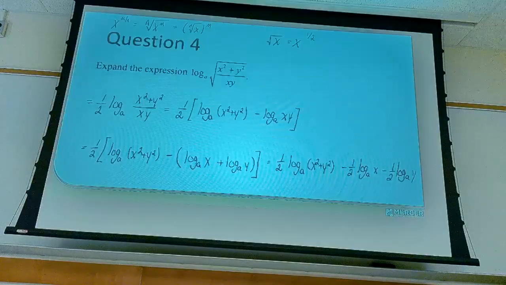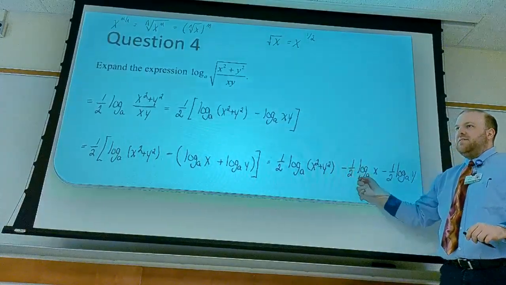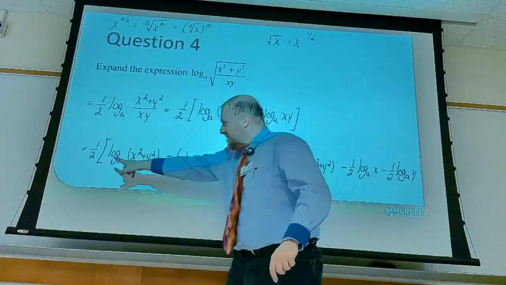And that's how it would be written. Because generally speaking, the idea is when you expand, you want to write it as a linear combination of logarithms. This is the proper form of a linear combination: constant times something plus constant times something plus constant times something. Technically, yes, the other is a linear combination, it just doesn't look like it.